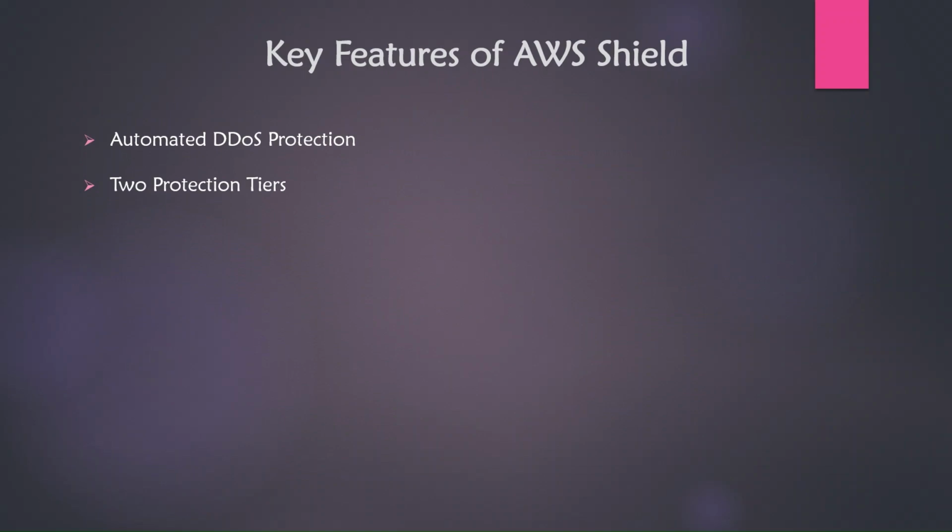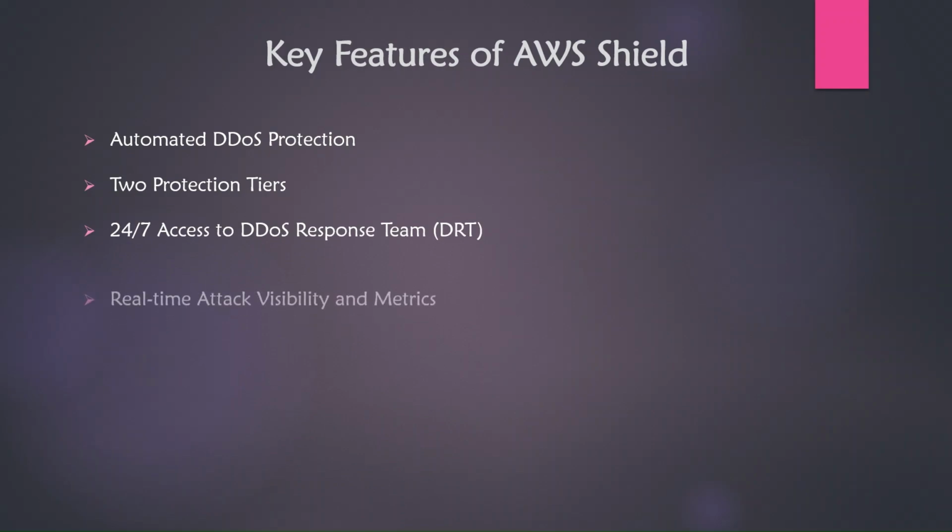Shield Standard offers basic DDoS protection at no extra cost, and Shield Advanced offers enhanced protection for more sophisticated attacks, including application layer attacks. 24/7 access to the DDoS response team: with Shield Advanced, users have access to AWS experts around the clock who provide assistance in mitigating complex DDoS attacks and ensuring swift recovery.